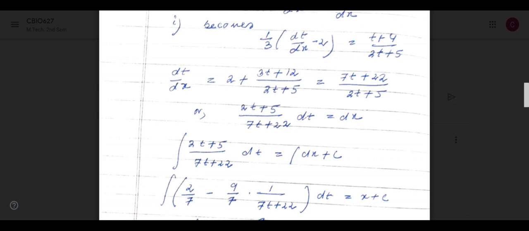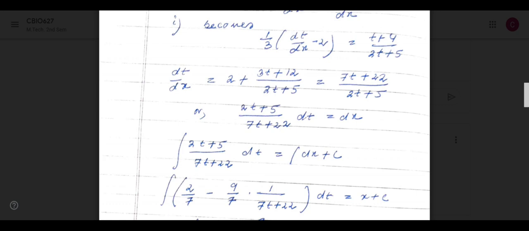How many of you are getting this? The integration part you can try later, but how many of you are getting up to this one? So we can use the variable separation method.